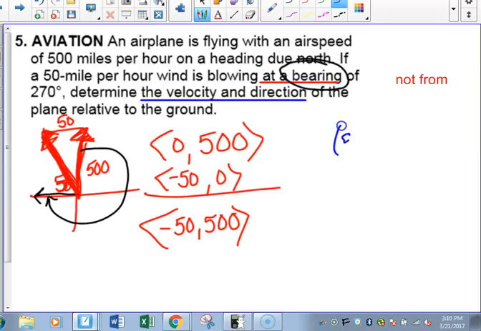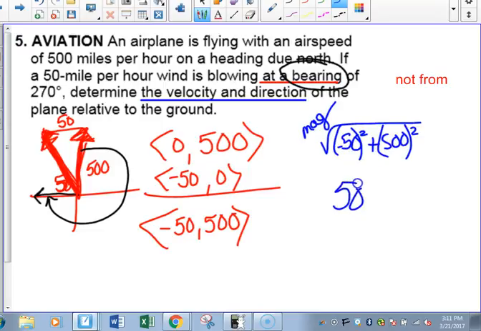Pythagorean theorem. Did that wind help us much? I'm guessing not too much.